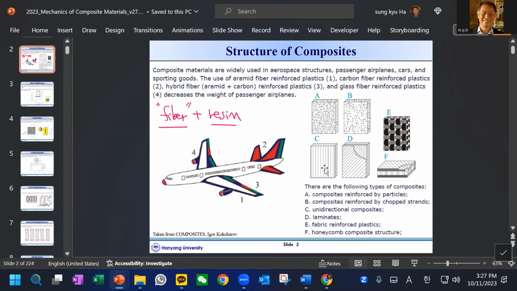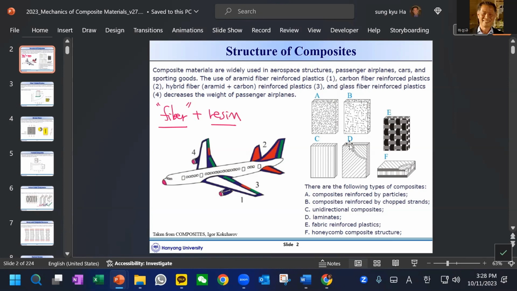A shows the particle reinforced composite, and B is the chopped strand or short fiber, and C is the unidirectional, where the fiber here is continuous, and D is a laminate.